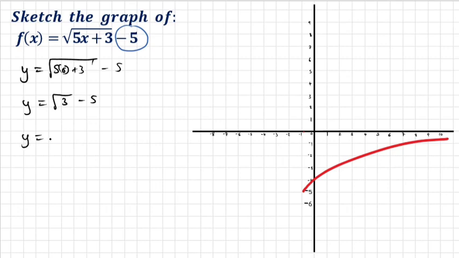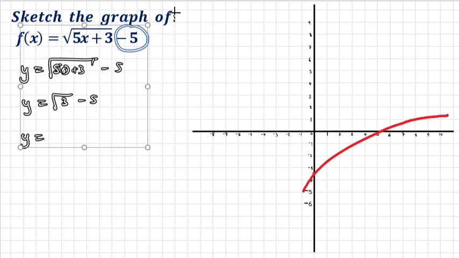So root 3 minus 5 gives us negative 3.3. So our graph should cut somewhere here at negative 3.3. So now what I can do is simply raise the graph a bit to show that it cuts the y-axis there.